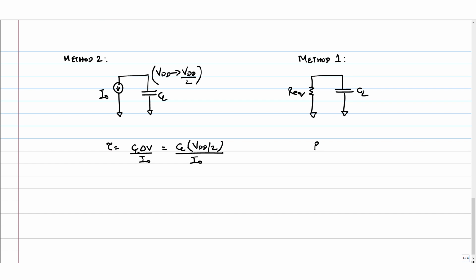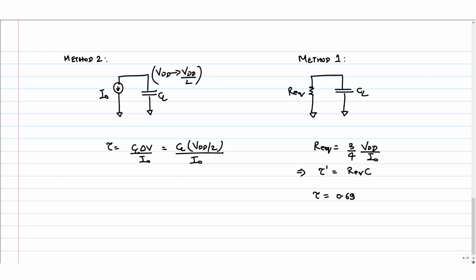Here the R equivalent was 3 by 4 VDD by I naught, which implies that the time constant of this RC network, let me call it tau prime, is R equivalent into C. Now the delay of this thing to go from VDD to VDD by 2 is 0.693 times the time constant.